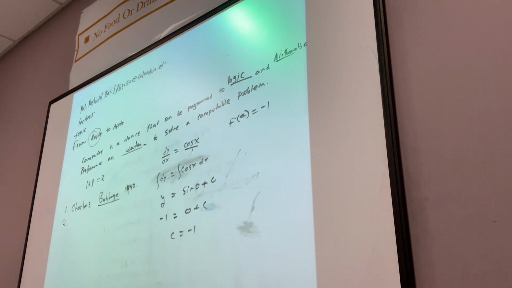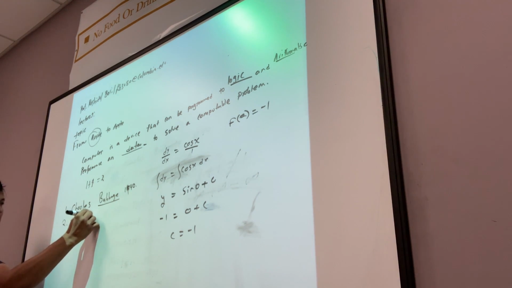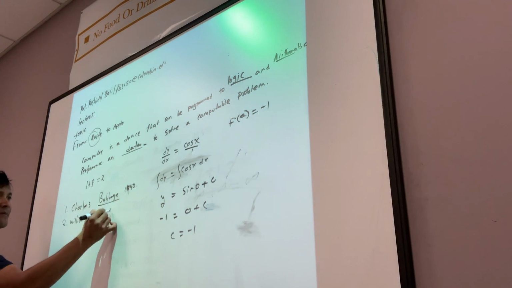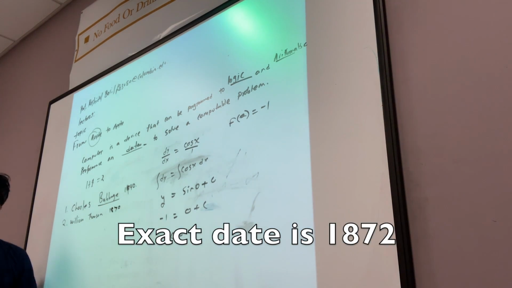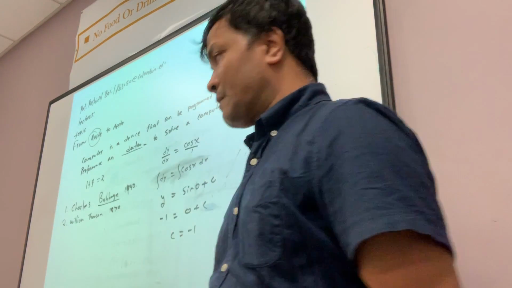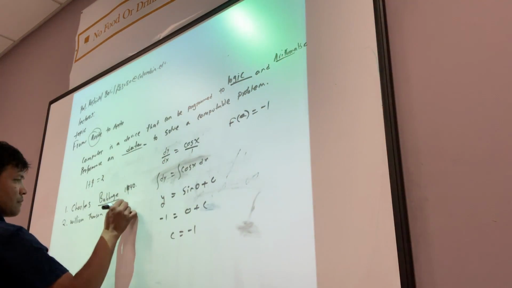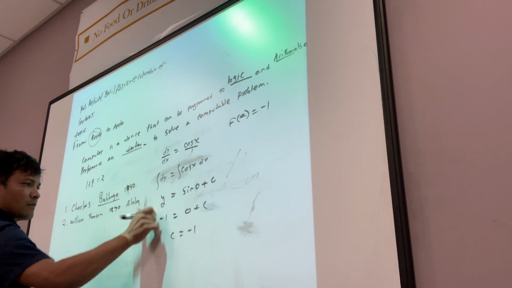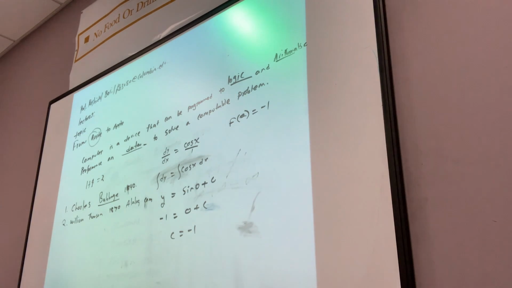Okay, so now William Thomson. William Thomson, 30 years later, 1870, invented the analog computer. Computer number 3, MIT invented.